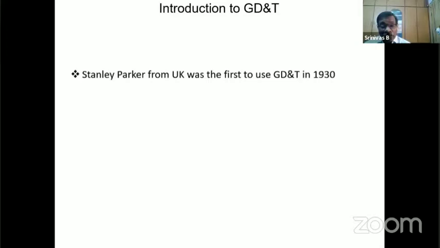It was at that particular point that Stanley Parker felt the need for something else. What is that? Why are dimensions and tolerances not enough? Dimensions and tolerances alone are not enough for producing a good assembly. Something else is required. What is that something else?